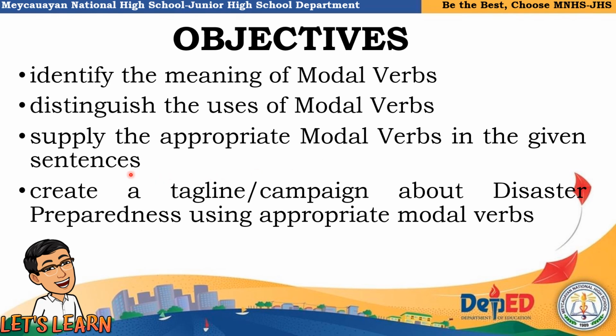To apply modal verbs in real life, you have to create a tagline or campaign about disaster preparedness using appropriate modal verbs. By experiencing or mastering these objectives, we will achieve the competency needed for this week.